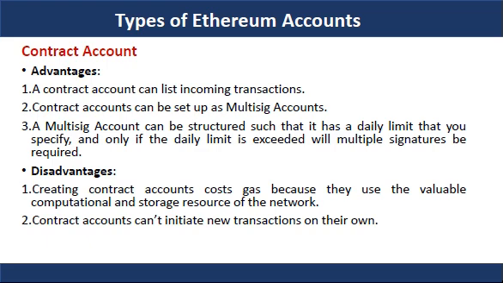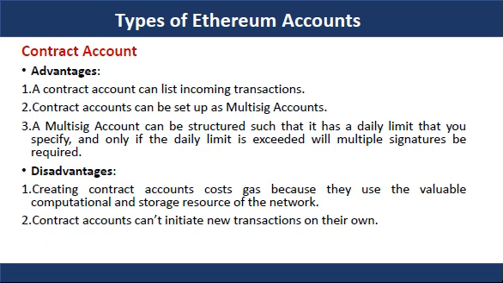So a few advantages of the contract account: a contract account can list incoming transactions. It can be set up as a multi-sign account. A multi-sign account can be structured such that it has a daily limit that you specify, and only if the daily limit is exceeded will multiple signatures be required.